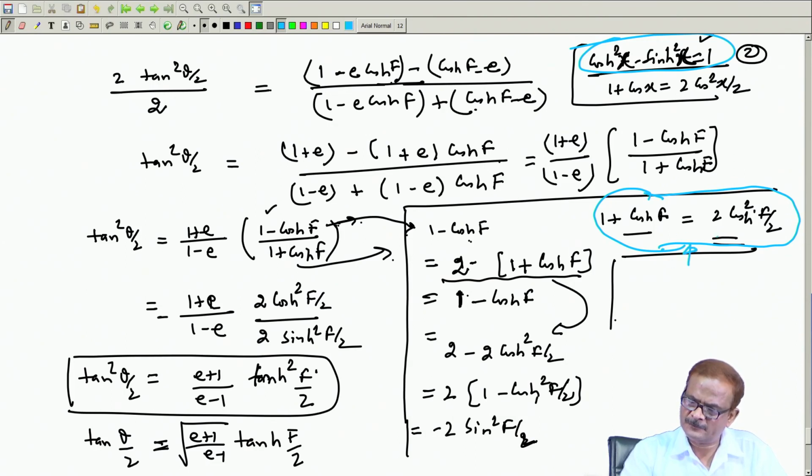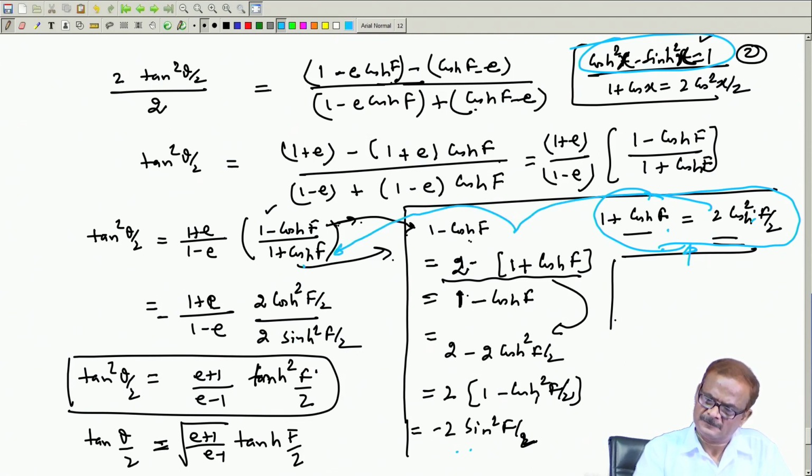So, in the case of hyperbola, it follows almost the same rule. So, 1 plus cos hyperbolic f equal to 2 cos hyperbolic square f by 2. So, we utilize it and insert it here. In that case, you can see that 1 plus cos hyperbolic f goes as 2 cos hyperbolic square f by 2, which is written here.